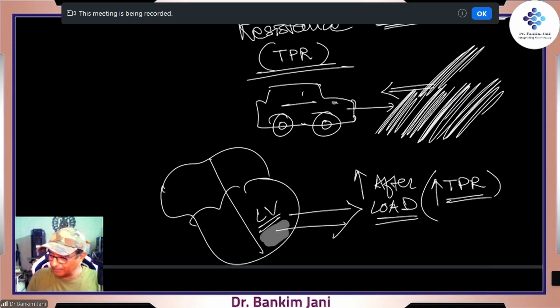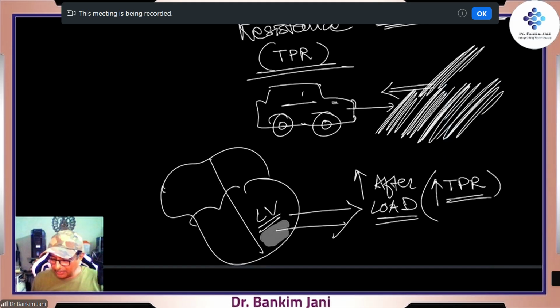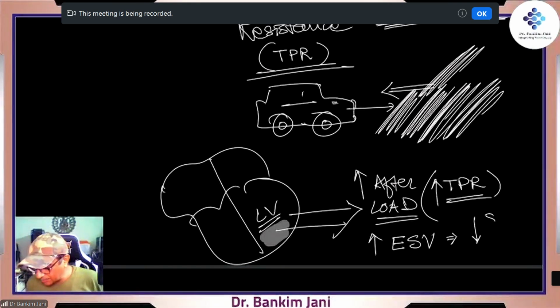So thus there would be increased afterload. That is because the increased TPR leads to increased end systolic volume, and that will lead to decreased stroke volume.